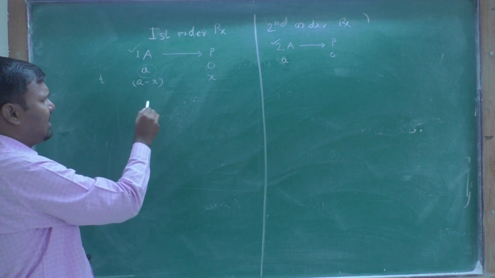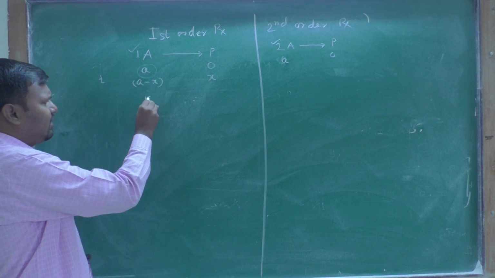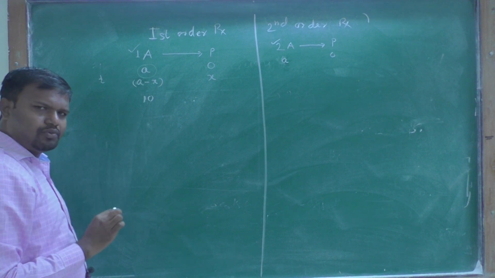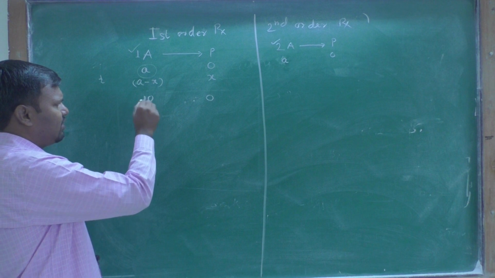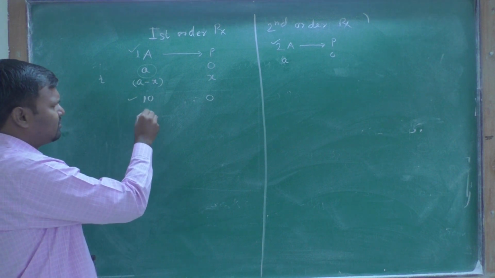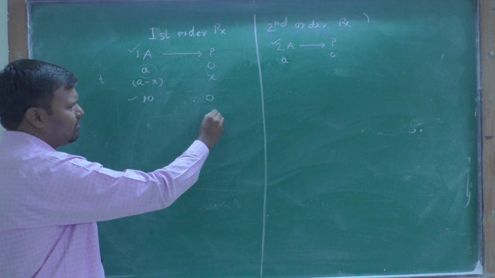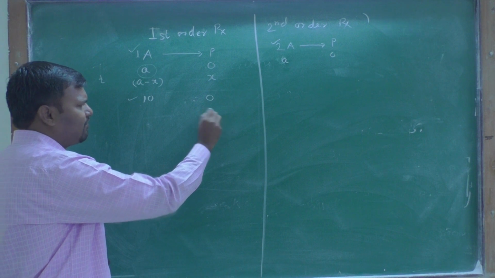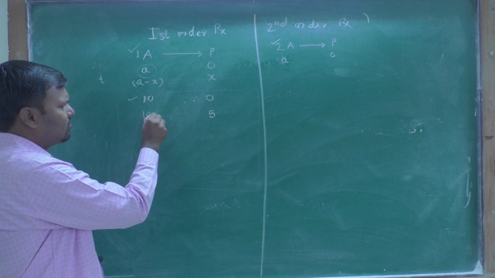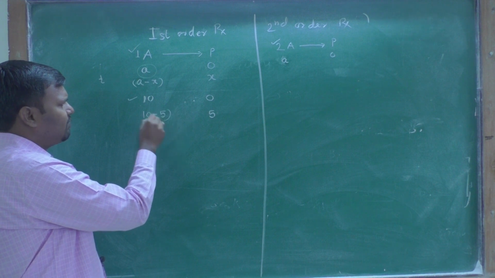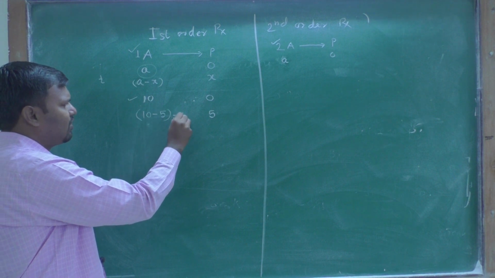If suppose at the start it has 10 units of reactant, and the product at the start is 0. After some has reacted, if 5 product is obtained after T time, then the concentration will change: 10 minus 5, the remainder is 5.